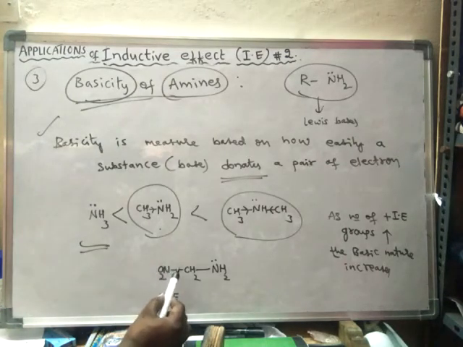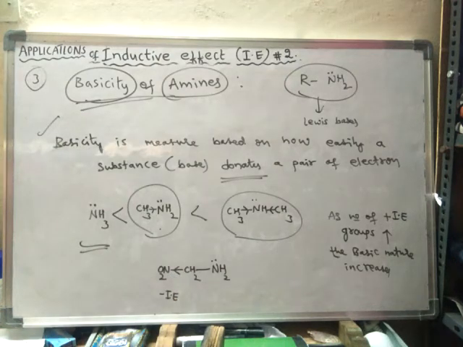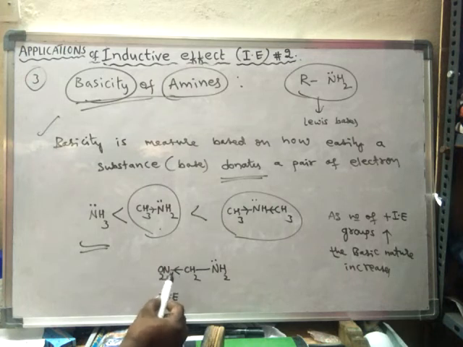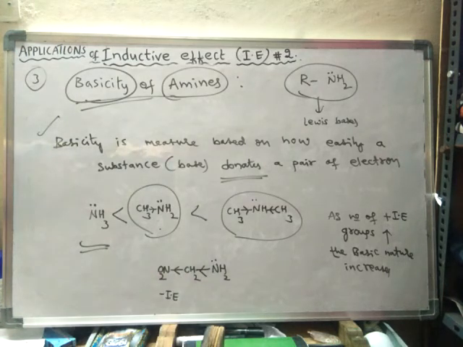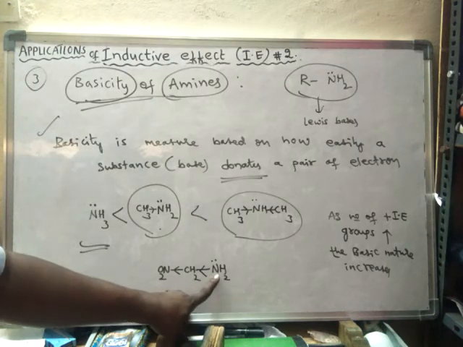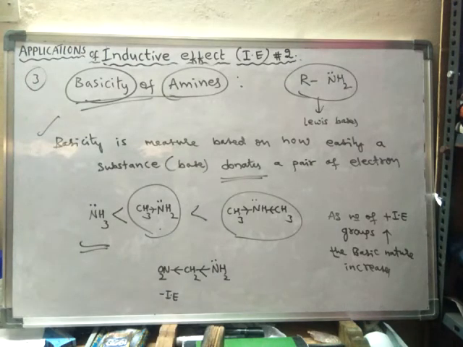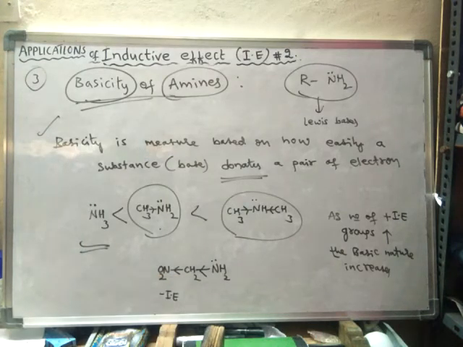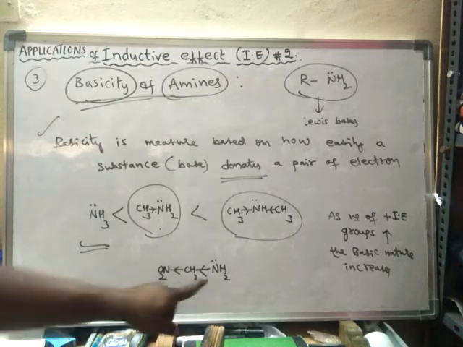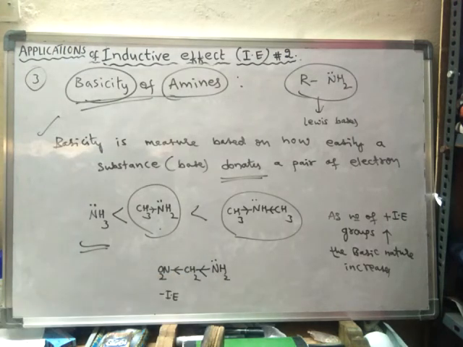A minus IE group will take the electron density. The electron density from this carbon is taken by NO2, and this carbon will further take electron density from nitrogen. Therefore there is a decrease in electron density on the nitrogen. Whenever there is a decrease in electron density on nitrogen, that nitrogen cannot lose its electron pair to another atom, hence its basic nature decreases.